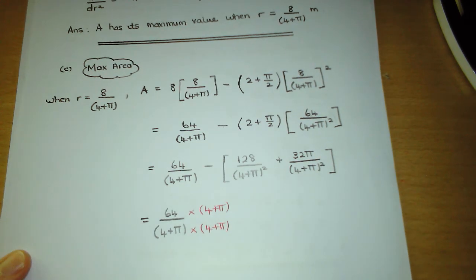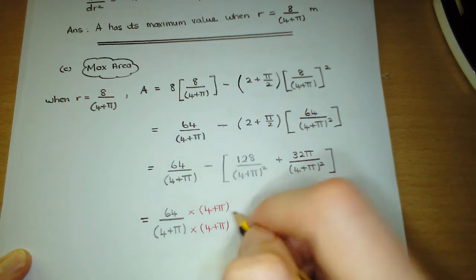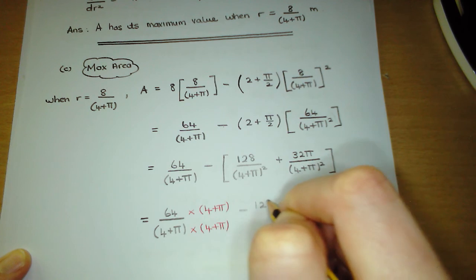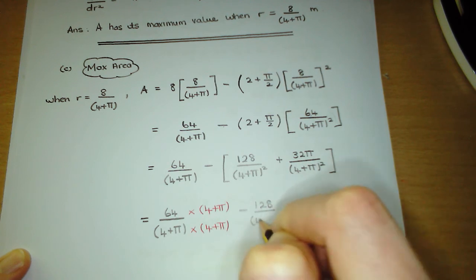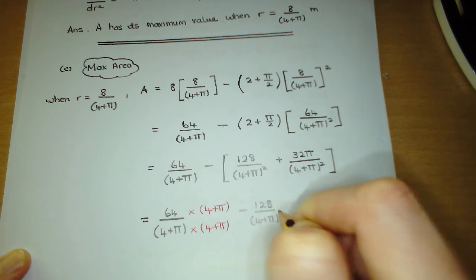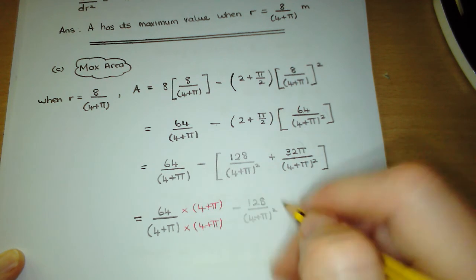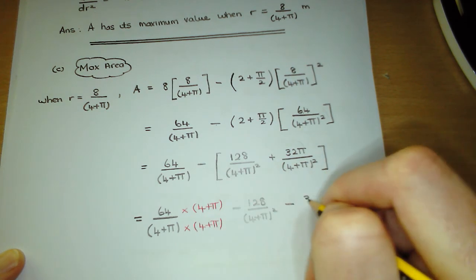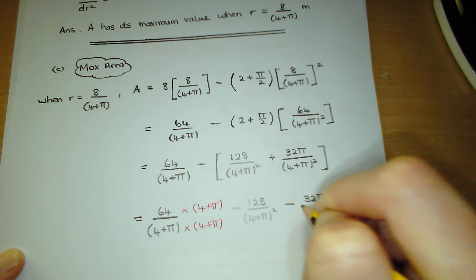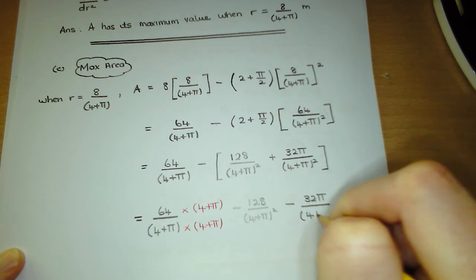We're now also going to multiply this bracket out by a minus, so that's going to give us minus 128 over 4 plus pi all squared, and then multiply this second fraction by the minus. Minus times plus is minus, and we're going to have 32 pi all over 4 plus pi all squared.